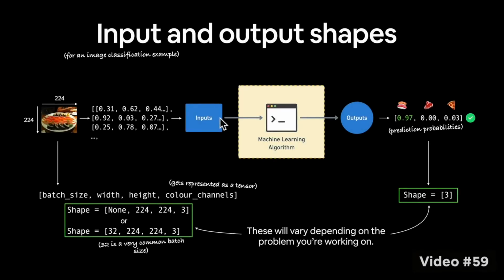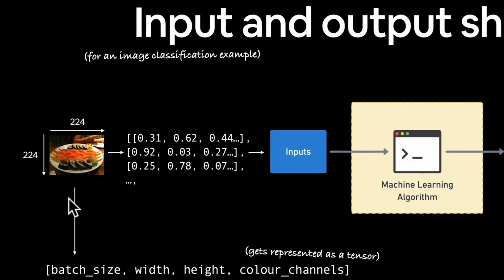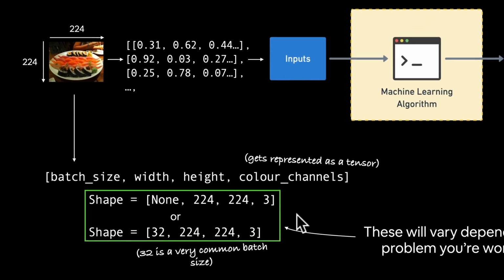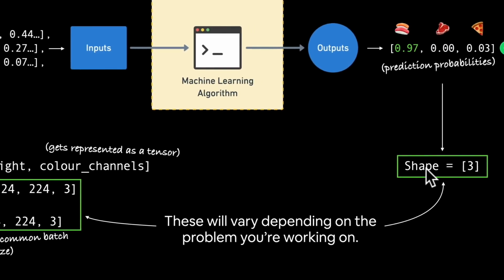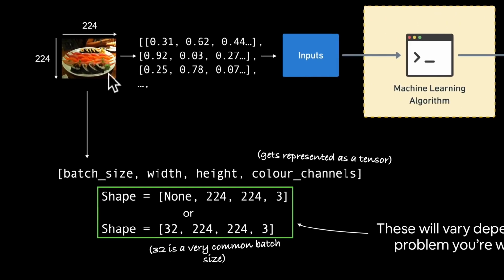Welcome back. In the last video, we had a look at what the input and output shapes of an image classification example might look like. And remember, this is specifically for an image classification example. These may change depending on the problem you're working on. So say we were working on text classification. Your input shape may differ to be the number of words in a string. So it may be 32 and then 100 for 100 words, and it won't have these dimensions over here.